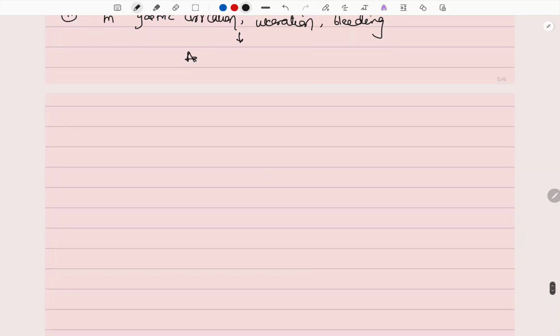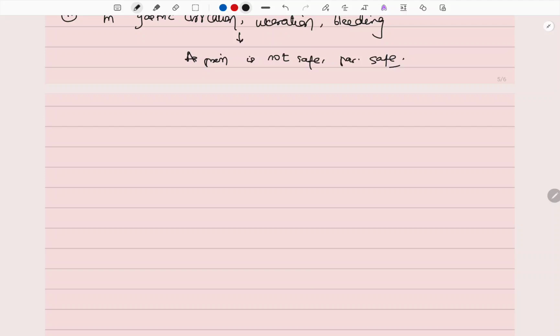So we will write in gastric irritation patients, and ulceration, bleeding, aspirin is not safe because aspirin has side effects on all that, but paracetamol is safe. Hypersensitivity reactions also do not occur as a side effect.